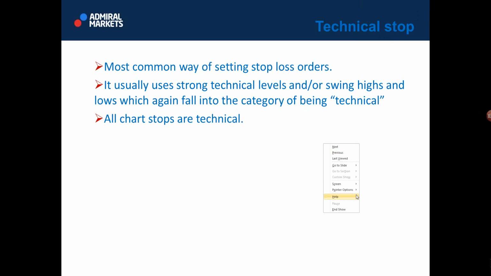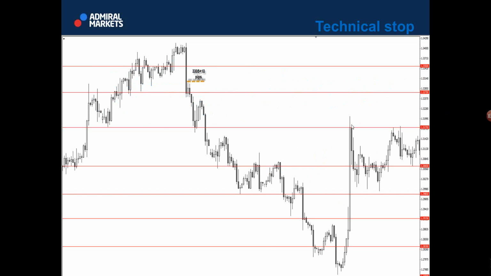Or you maybe know that if you went long here, you would usually place your stop a few pips below the lowest low prior to your entry. So that is basically a technical stop, using higher highs or highest highs and lower lows or lowest lows.